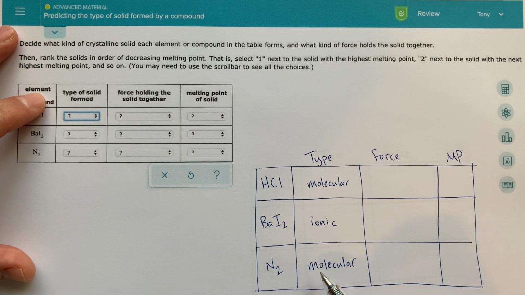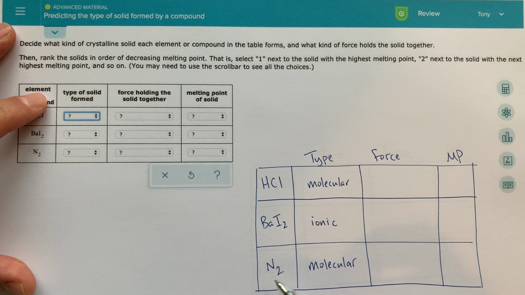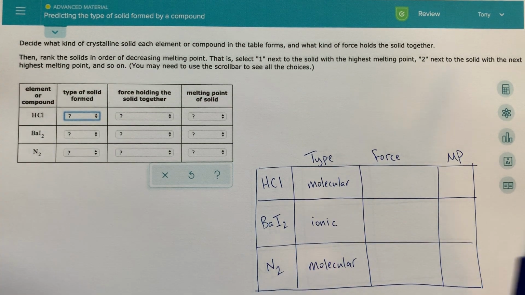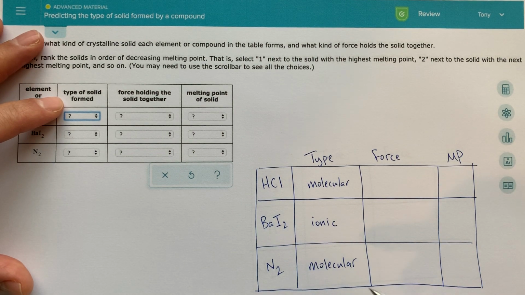So I think that there can be some confusion here. We'll have some examples later on that are atomic, and you might look at this and think, well, it's atomic, but it's really not because we have that N2. Because it is diatomic, that becomes a molecular compound, and that covalent bond is very important to that determination.